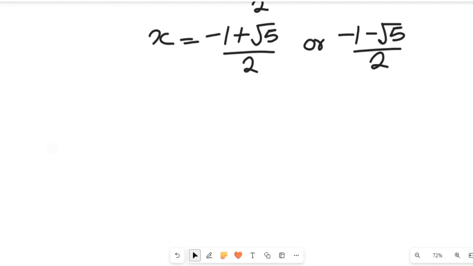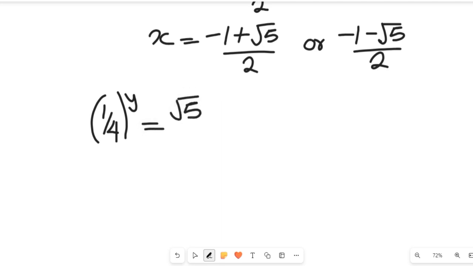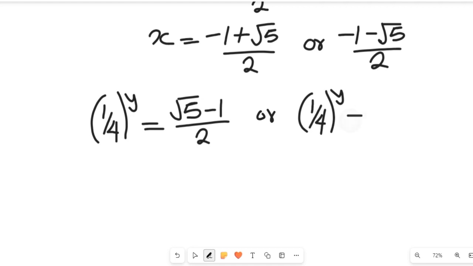If we substitute that expression for x, this will give us 1 divided by 4 to the power of y, which is the value we are looking for, equal to (square root of 5 minus 1) divided by 2, or 1 divided by 4 all to the power of y equal to (minus 1 minus square root of 5) divided by 2.